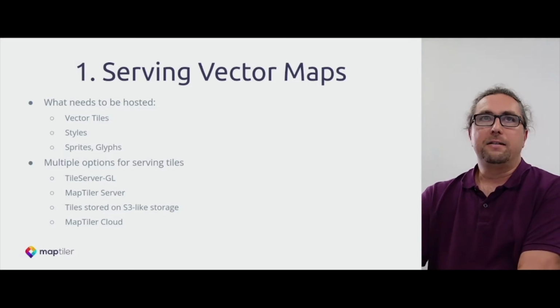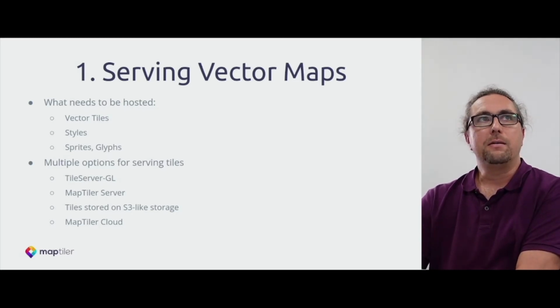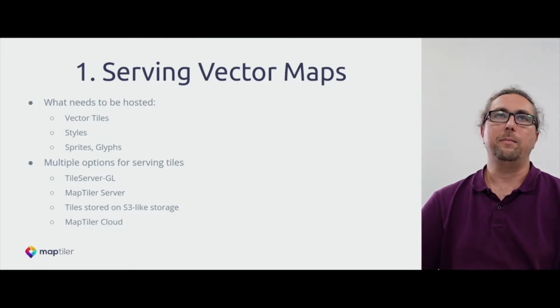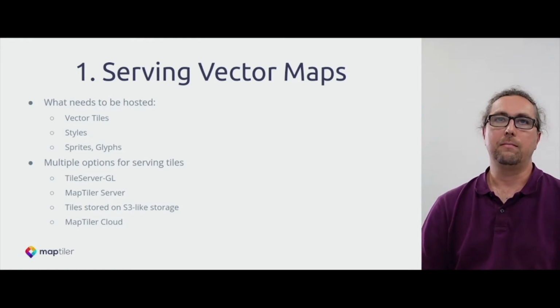Serving vector tiles. What needs to be served, or what do we need to have on the server? We need to probably start by talking about the Mapbox style. A Mapbox style is basically a JSON document which defines the visual appearance of the map.